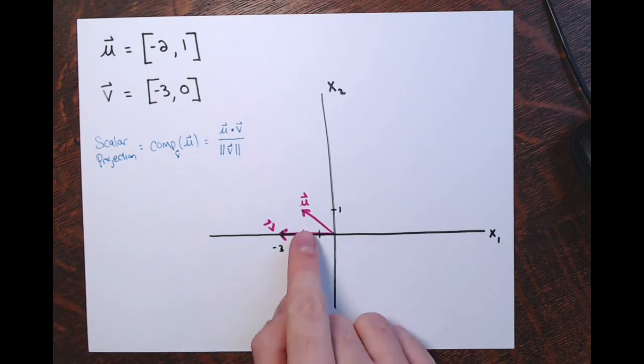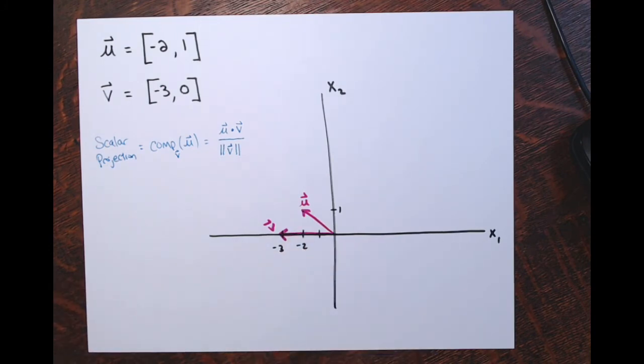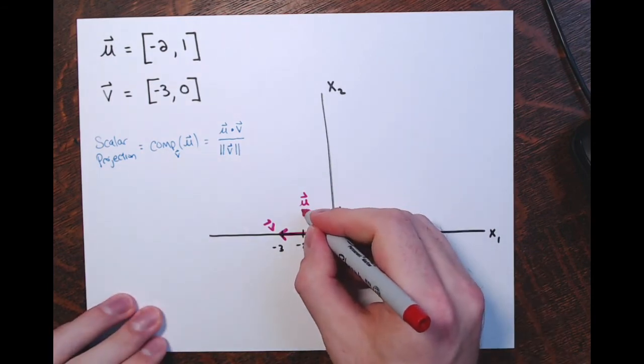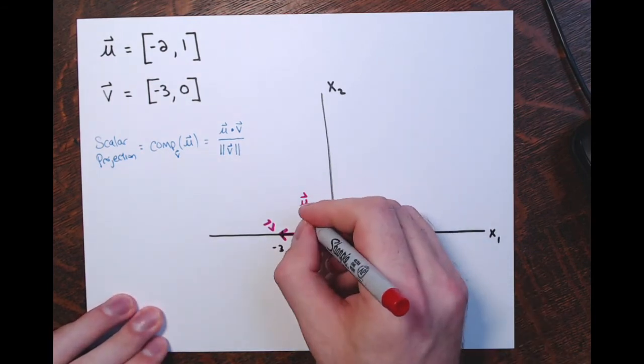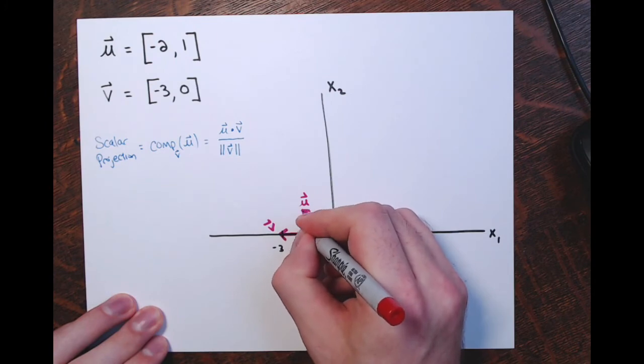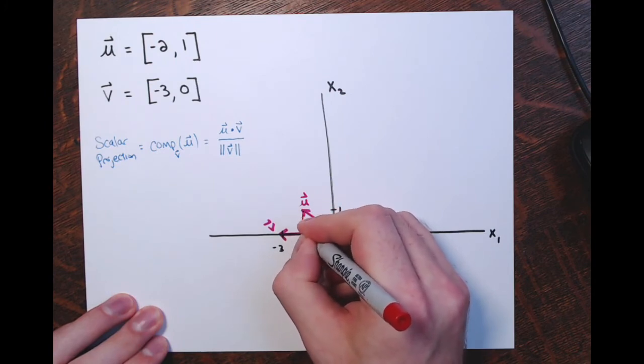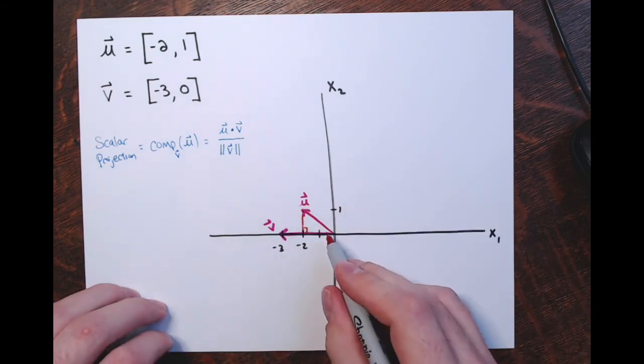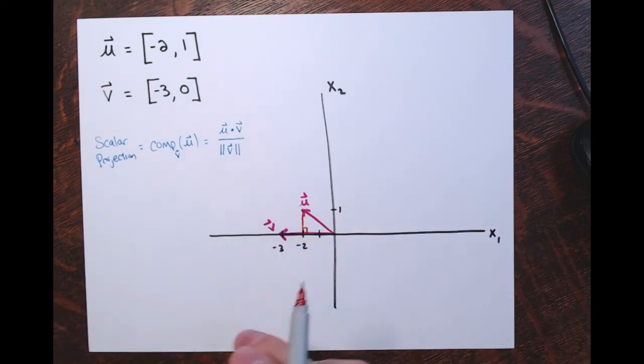All right. Now, drawing a picture of this, if I'm projecting vector u onto vector v, it means I go to the end of vector u, this point -2, 1 here, and I just draw a perpendicular segment right there, creating a little right triangle.